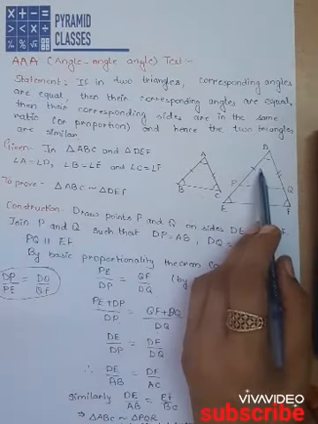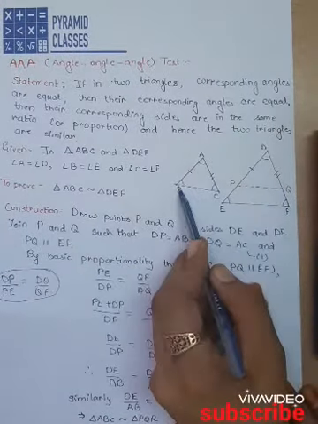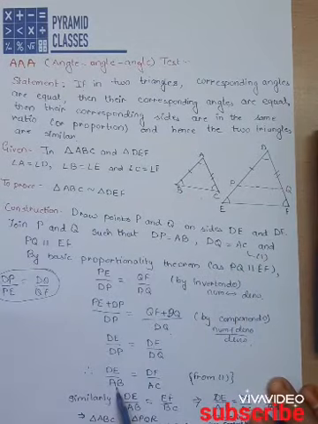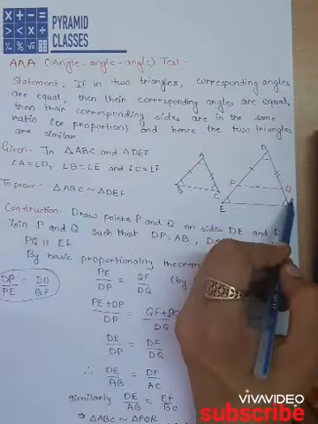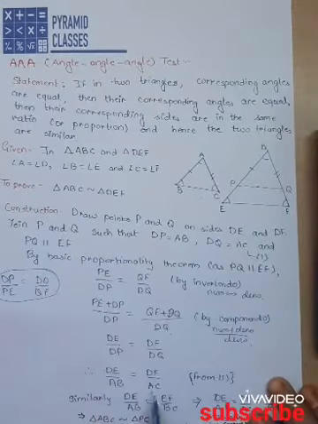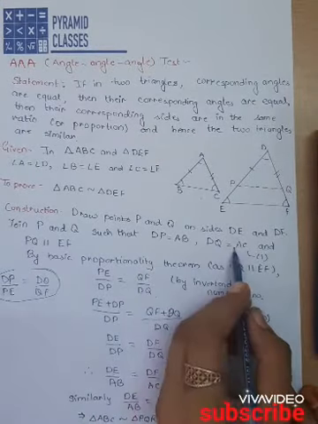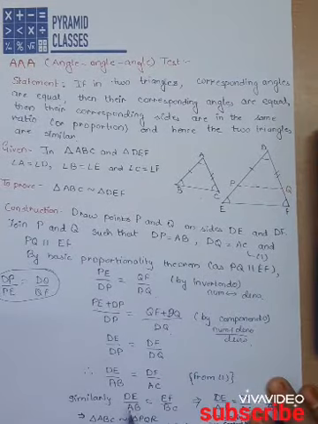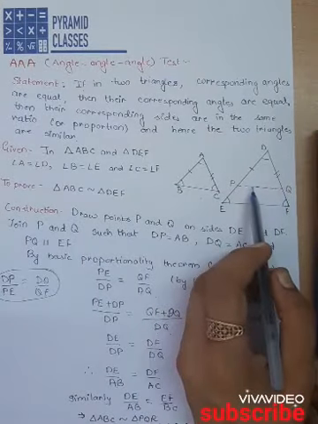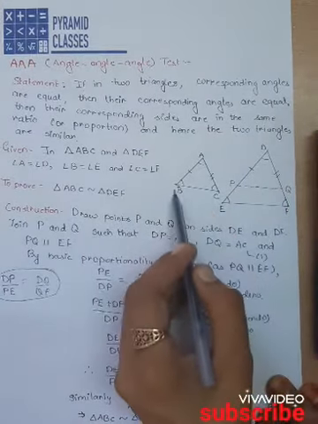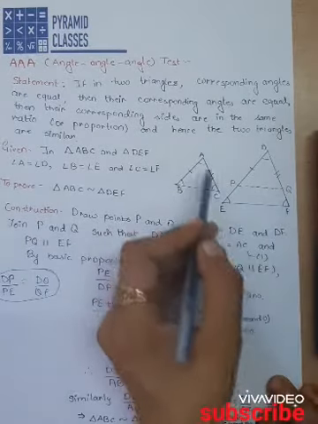But according to the construction, DP is equal to AB, so we substitute AB in place of DP, and in place of DQ we substitute AC. Thus we have proven that DE by AB equals DF by AC.